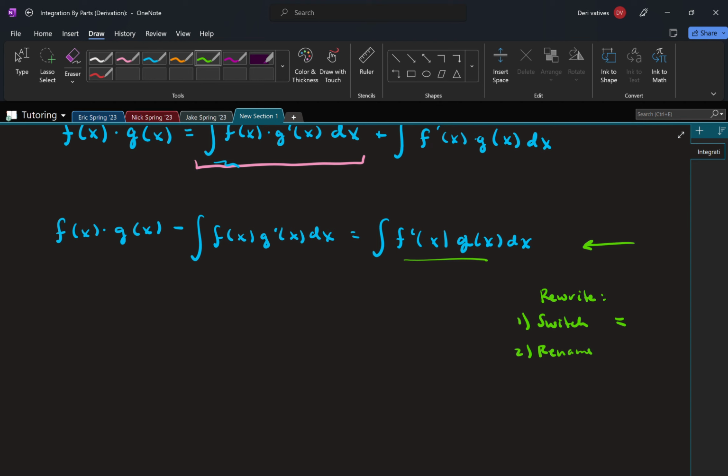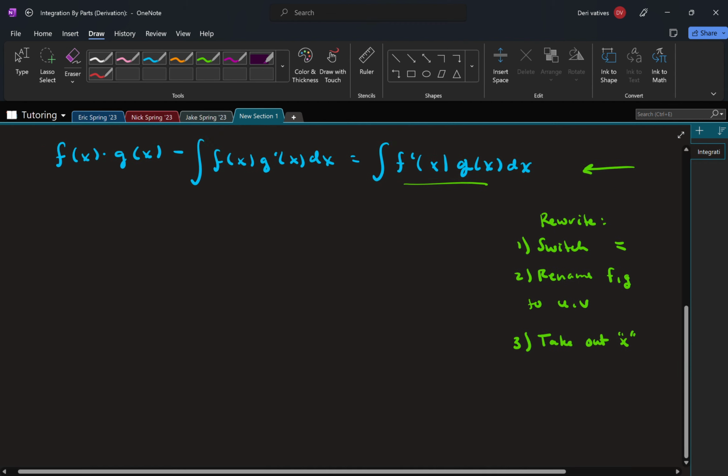There's no particular reason for doing this; it's just how everybody does it. And then thirdly, I'm going to take out the x's, to make it shorter and easier to remember.